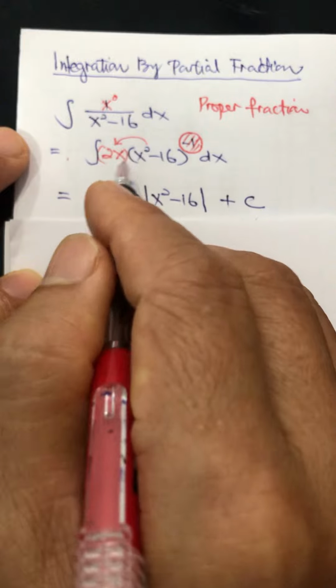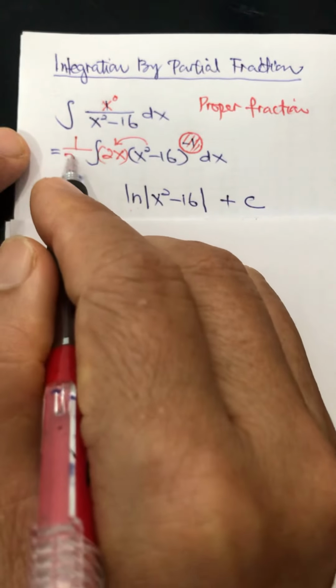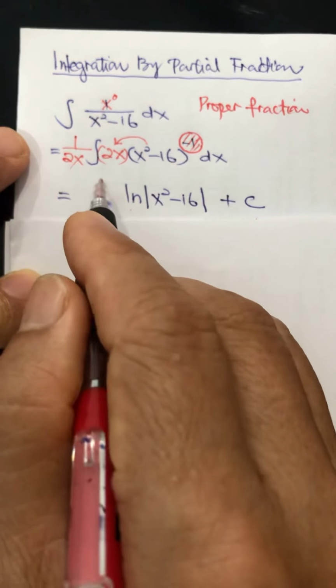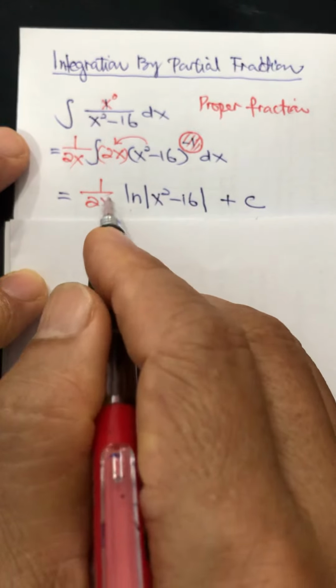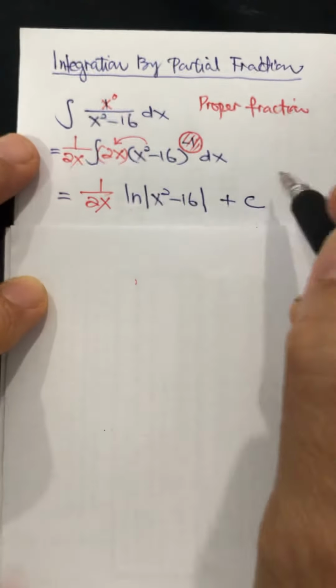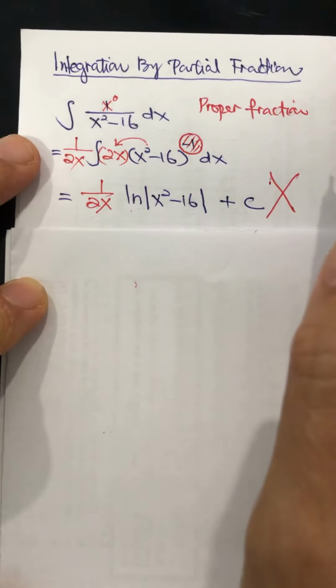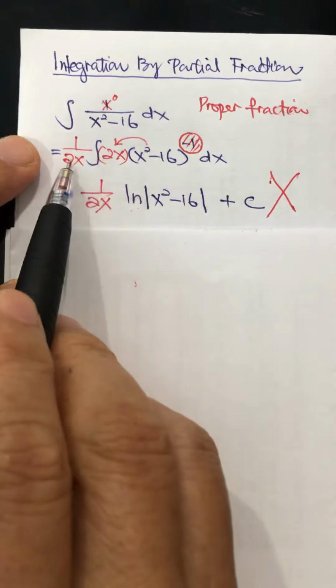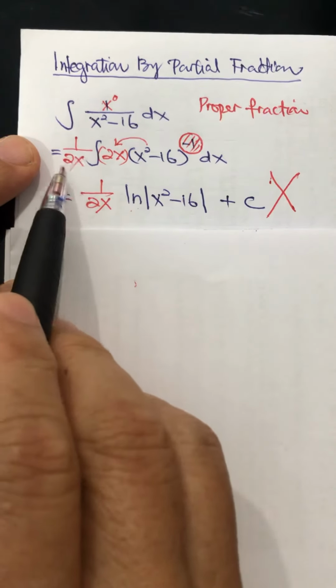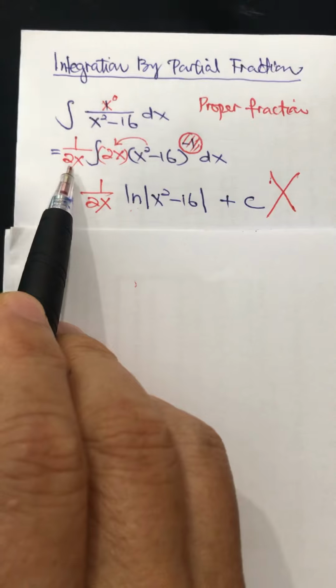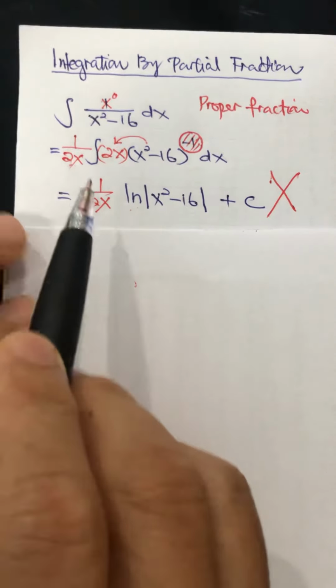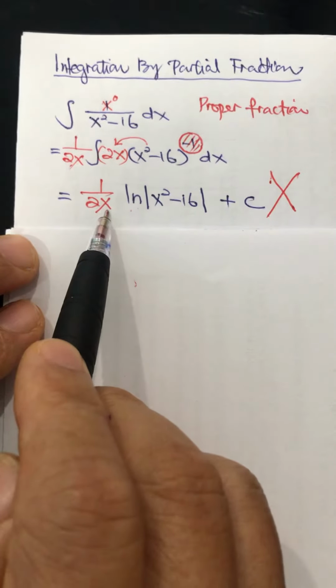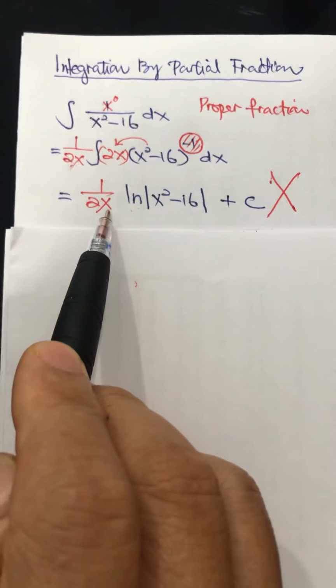That means you have to divide by 2x, so the answer is 1 over 2x, isn't it? If it is like this, this is wrong. Why? Because whatever we multiply or divide here can only be numbers. You cannot have x. If you have x like this, it's wrong.